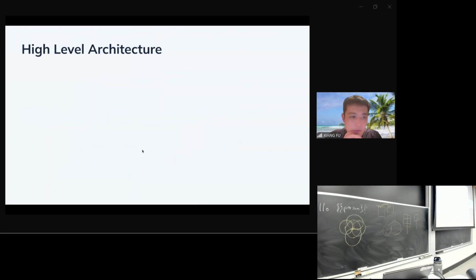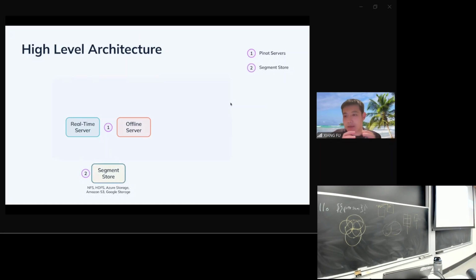Now I'm going to give a very high-level architecture. In terms of Pinot, we split it into a real-time server and an offline server. This is where we keep all the data. Then we have a deep store, which we call the segment store. Usually we use cloud storage, for example S3, to back up all the data.